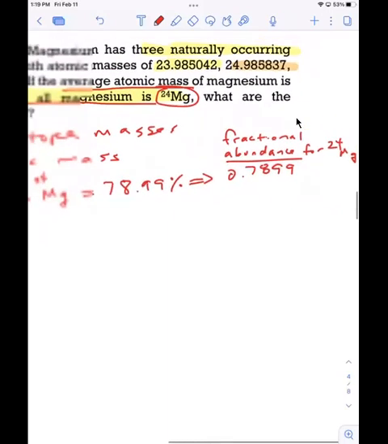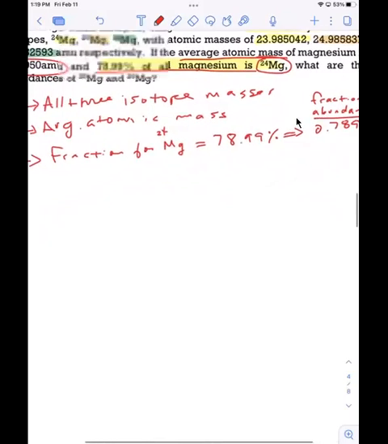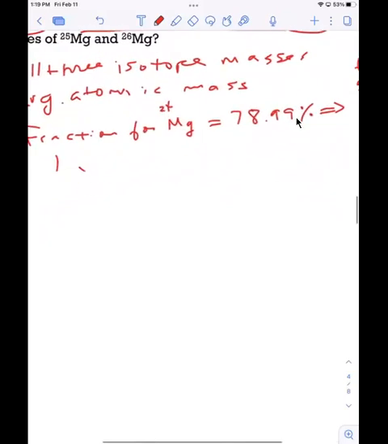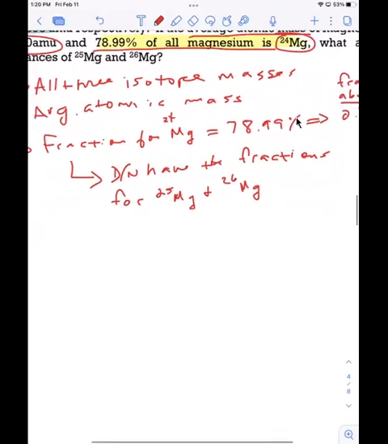What don't we have? Because this is what we have to solve for. We need the fractions for magnesium 25 and magnesium 26. All right.